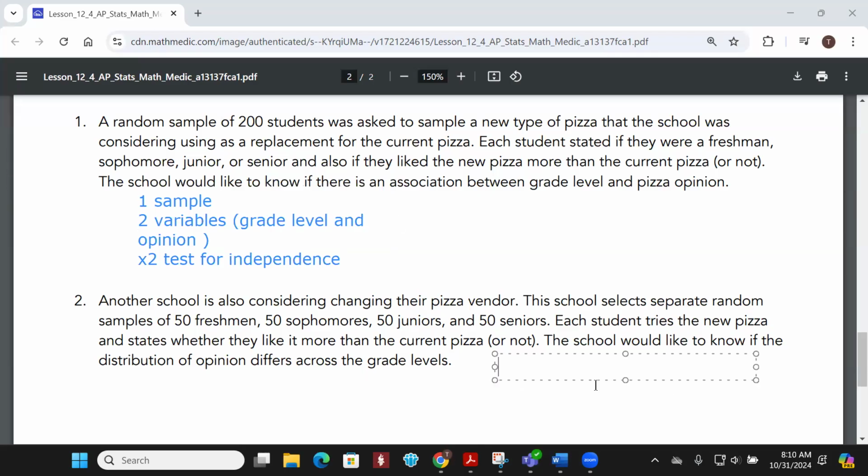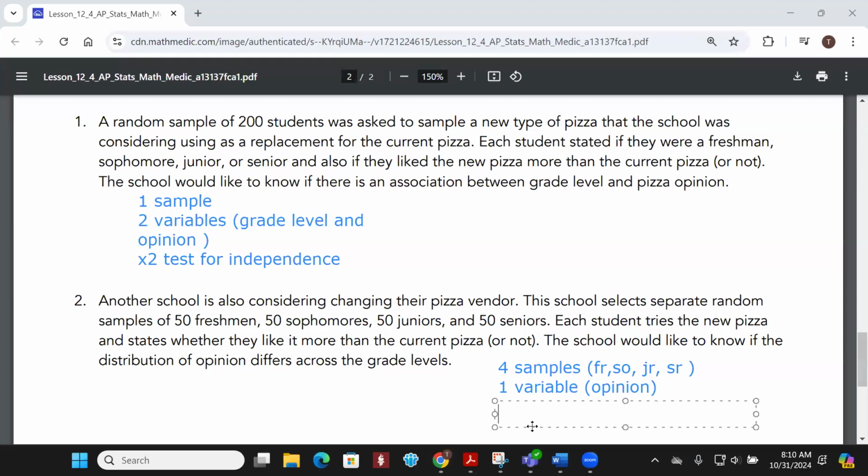What are they? Freshman, sophomore, junior, senior. How many variables? Either they like it or they don't. One variable. So this is chi-squared test for homogeneity.